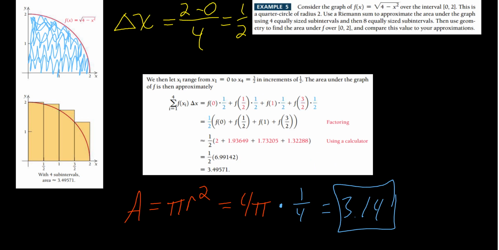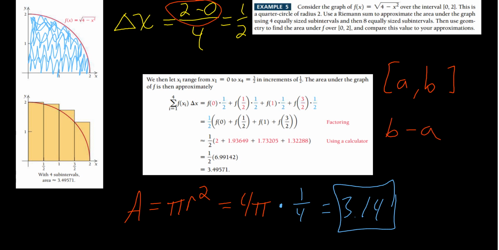You look at your interval. If your interval is set up in this form, a, b, then for the top of the delta x, it's just b minus a.